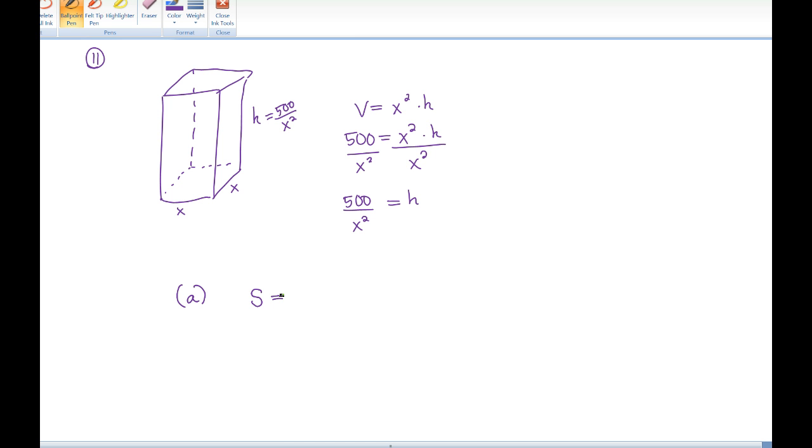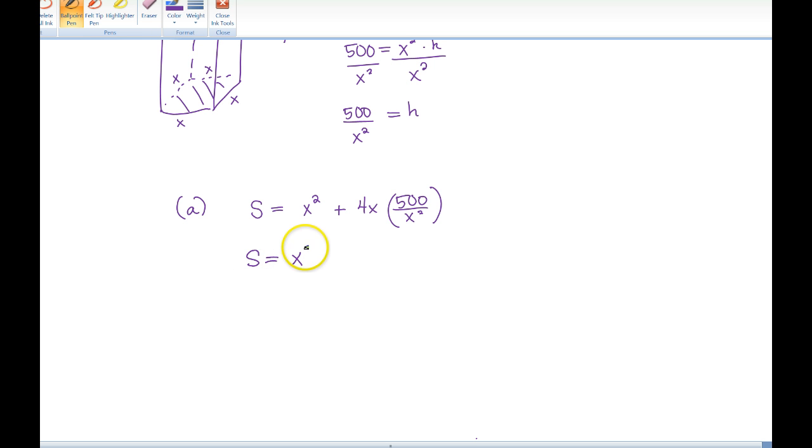Usually surface area is 2 times the area of the base plus perimeter times height, the formula you learned about prisms in geometry. But we only have one base. So that base is x squared. The perimeter of the base is 4x times the height, which is 500 over x squared.